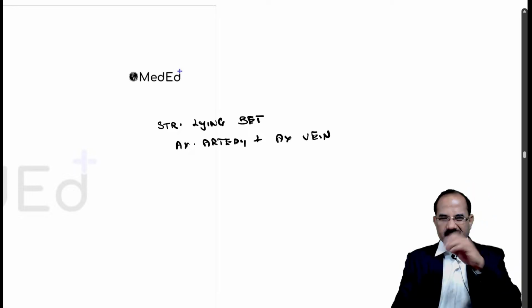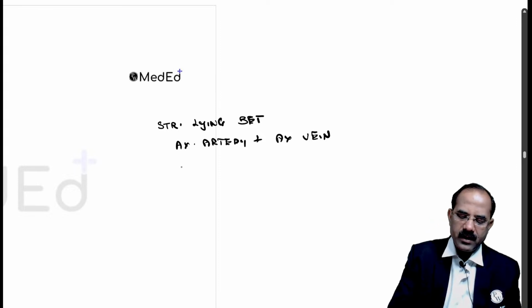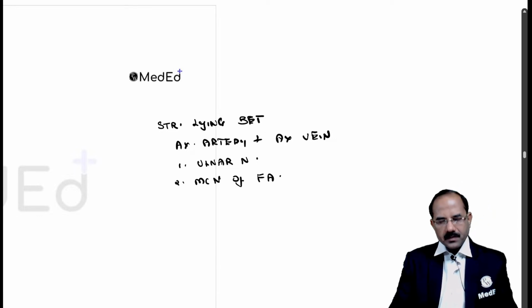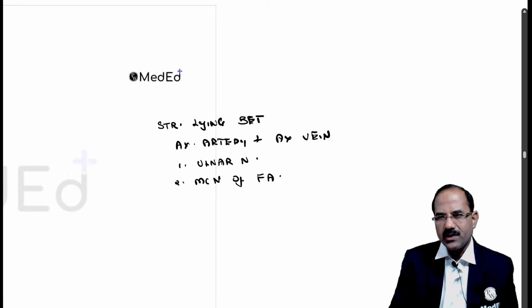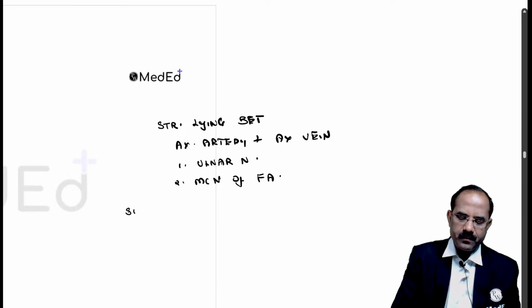Structures lying between the axillary artery and the axillary vein. Can anyone tell me, what are the structures which lie between the axillary artery and the vein? One is the ulnar nerve, and second is the medial cutaneous nerve of forearm. Just remember this, a very important MCQ.